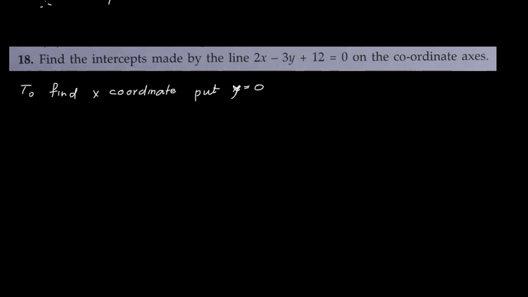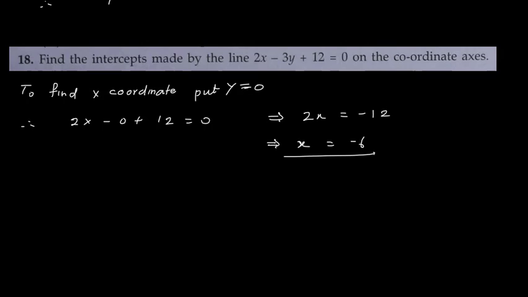Sorry, to find the x coordinate we will put y equal to 0. So therefore here in this equation, 2x minus 0 plus 12 equal to 0. So this implies 2x is equal to minus 12. This implies x is equal to minus 6.